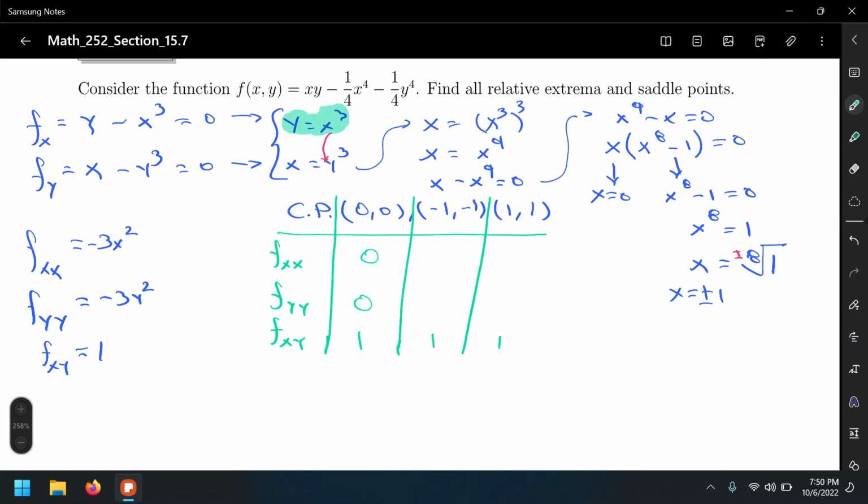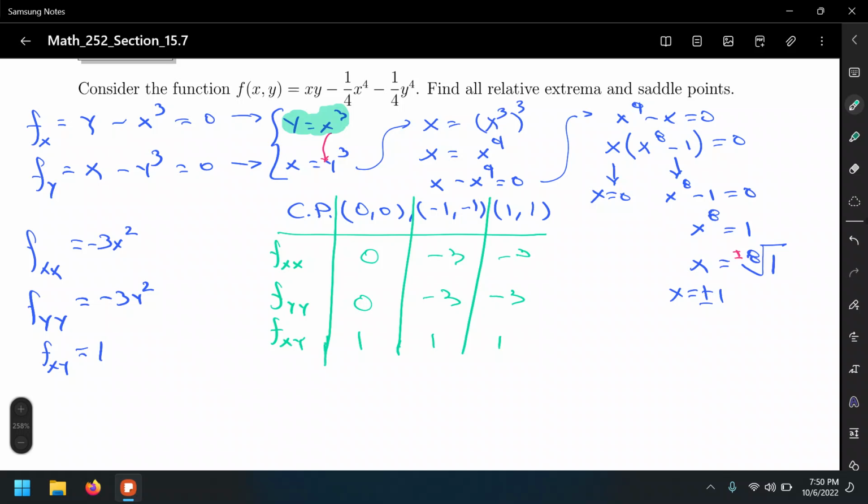So at x equals -1, this is going to give us -1 squared, that's positive 1 times -3 is -3. Same here is also -3. And it doesn't matter what we do in this case because we're squaring, whether we square positives or negatives, this is also going to be -3 and -3.